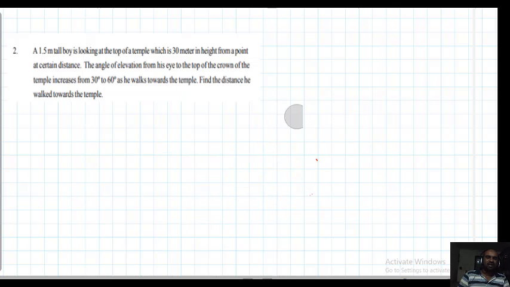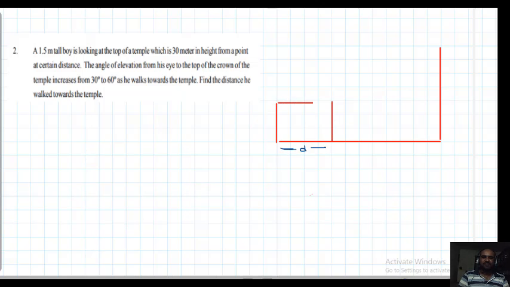Now again I want to draw the diagram for that. Yes students, this is the ground. This is the temple. Initially the person is here. After that the position of the person is here. Let the distance traveled by the person be d. Actually we need to draw a horizontal line here.